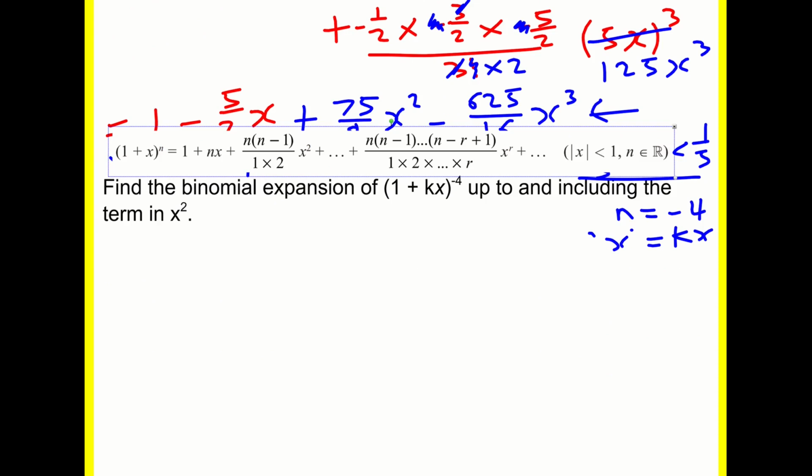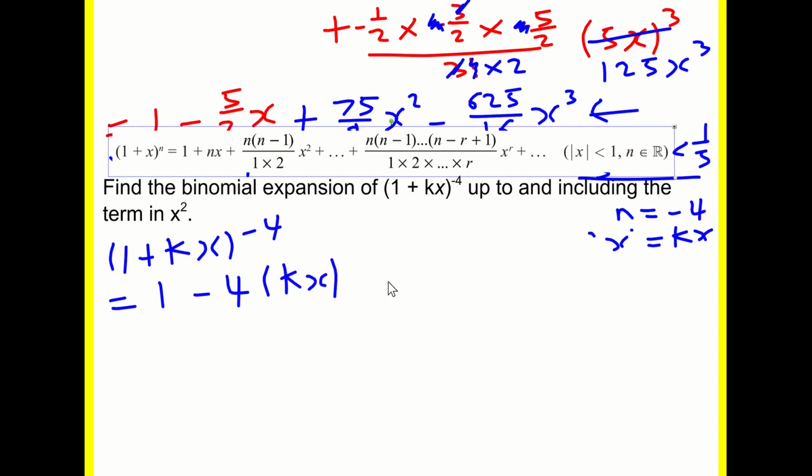Okay, so we're going to get that it is 1 plus kx to the -4. These take a while, don't they? Okay, keep going. 1 minus 4, but then I need my kx. Don't forget to put the k in there.